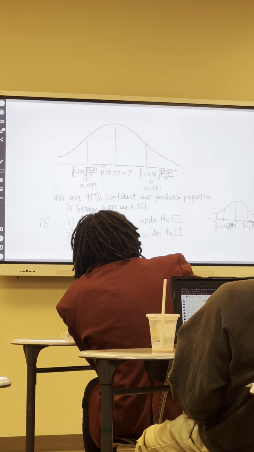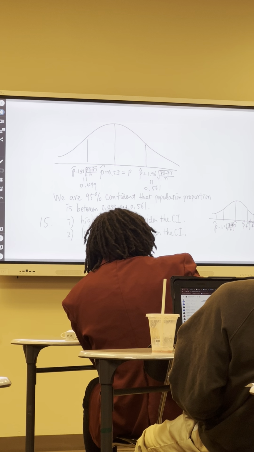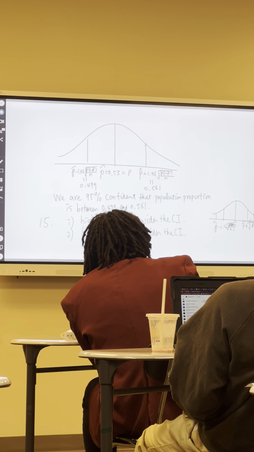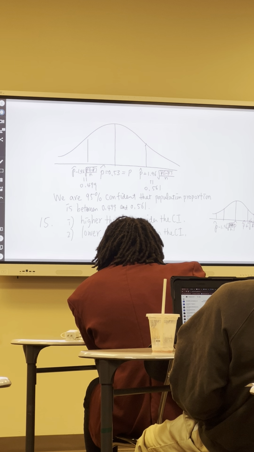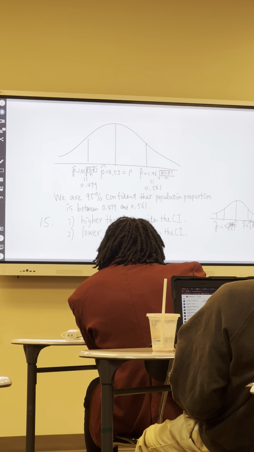So I made a chart. This chart, not the same numbers, will be in the quiz, so you gotta practice on these numbers, okay? Sample size, the p hat, and the confidence interval.